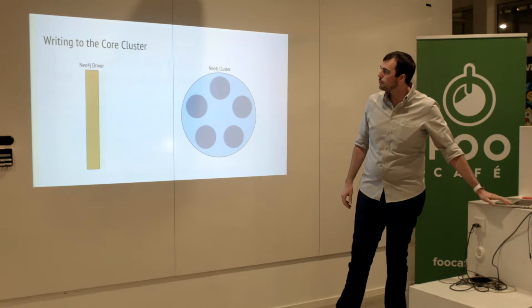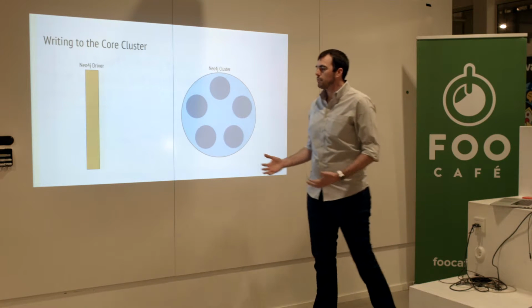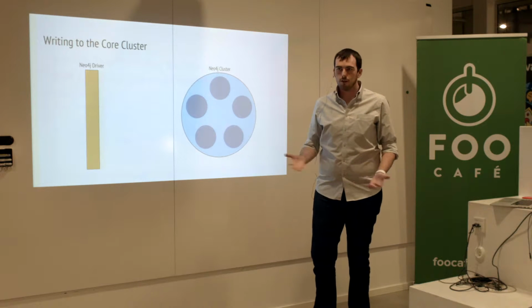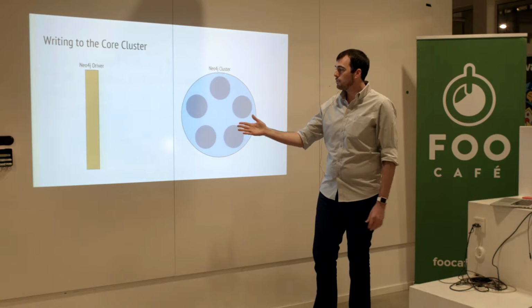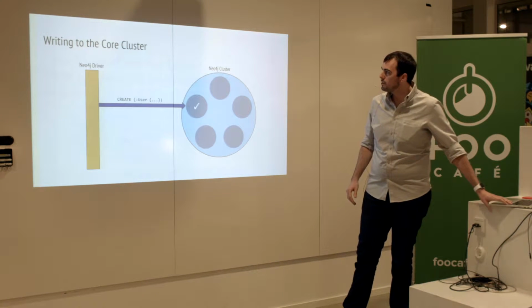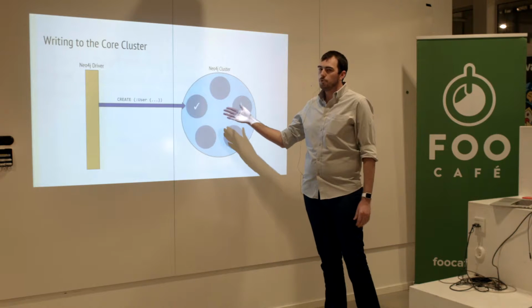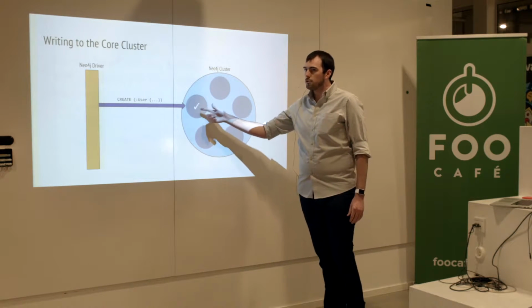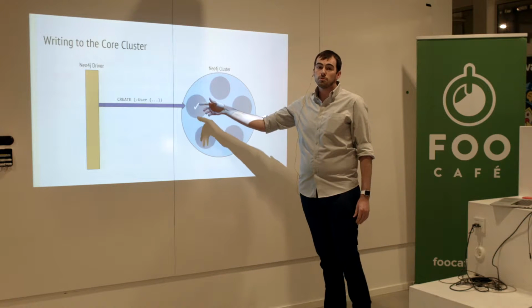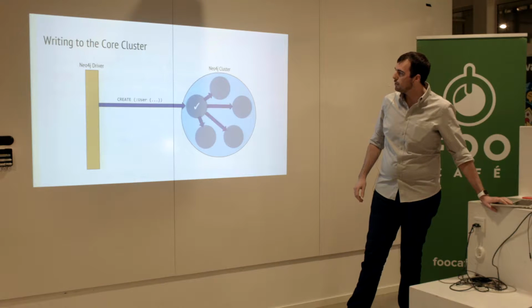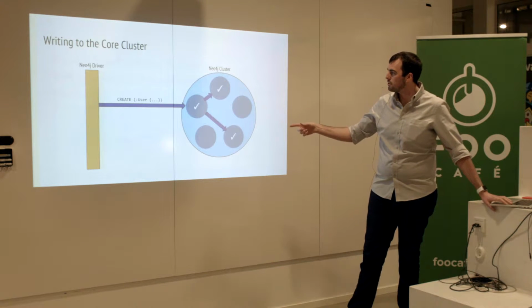So how does it look when you interact with this core group? Well, you're interacting with it with the Neo4j driver. We now have official drivers for many languages. So there's a Neo4j driver that you'll use, and you'll send a request to a machine that the driver knows it can send it to. That first machine will acknowledge it, receive it, and save the data that you've tried to commit to the database. It will then replicate it to many other machines.